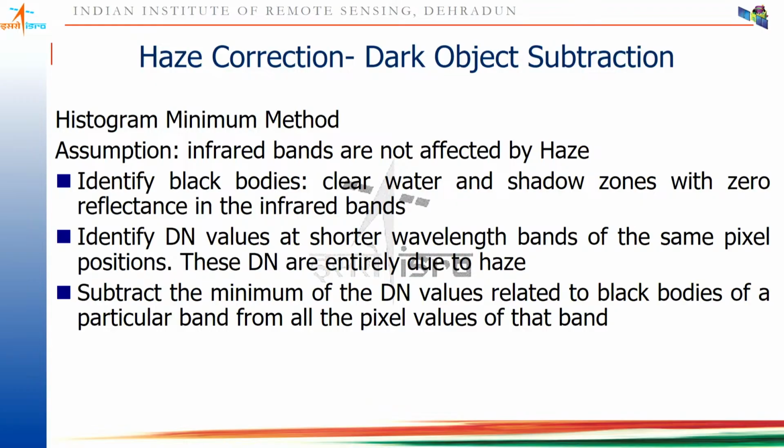Once you remove that, you shift the histogram towards the lower portion, that means starting from 0, assuming that whatever minimum reflectance was there is due to haze.